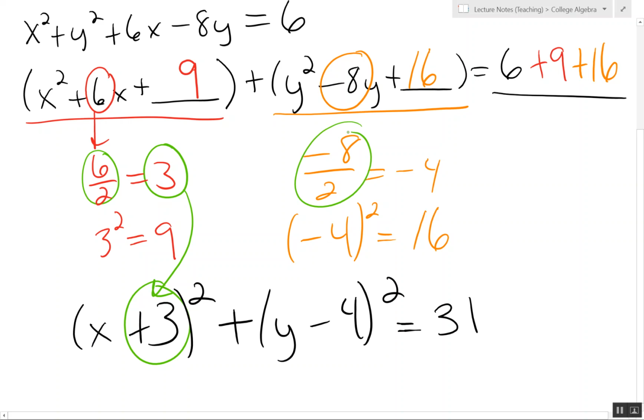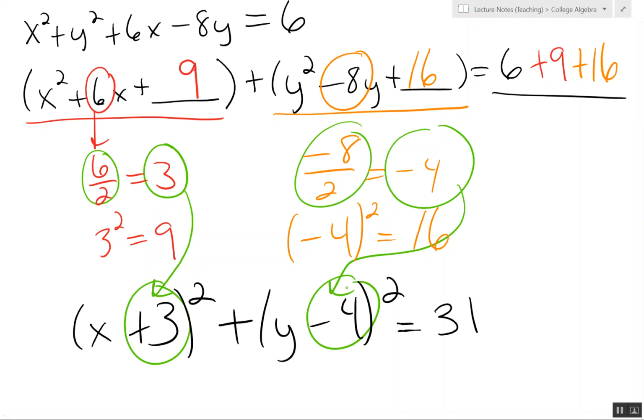Notice that when I take a negative 8 and divide it by 2, I got a negative 4. And guess what showed up in the factorization? Negative 4. That always happens. So we'll talk more about that when we talk about quadratic equations later on in the semester. But I just wanted to point that out because when you have some nastier complete the squares, that will save you every time from having to do a hard factorization.